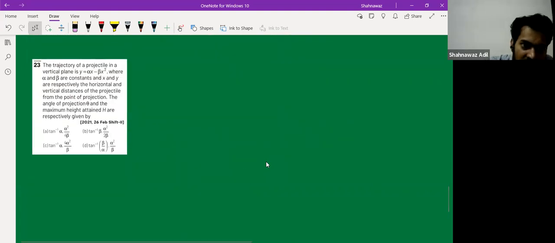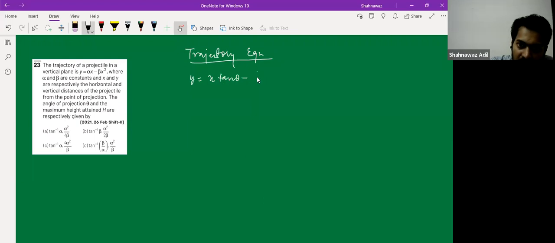Yes, this one. So this is exactly the same question as before. The trajectory of a particle in vertical plane is this. Okay, so what was the trajectory equation? It was y is equal to x tan theta minus 1/2 g x square by u square cos square theta, right?